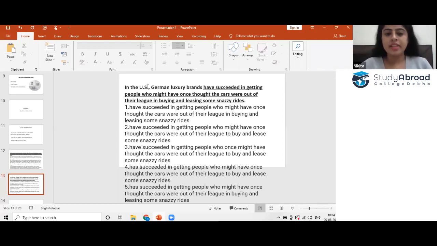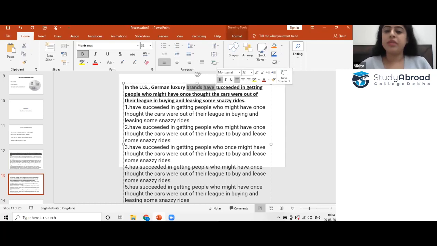In the US, Germany luxury brands have, or Germany luxury brands has. If you pay good attention to this portion, you will make out that brands have is the right way to approach. Brands is plural and it has to have have soon after that, and has will not do.